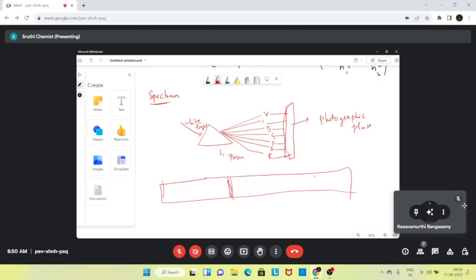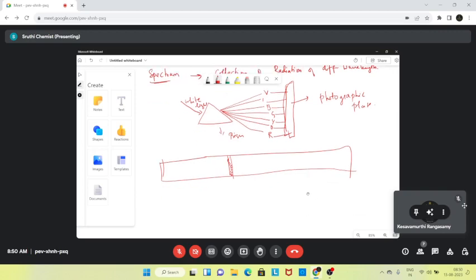Spectrum means a collection of radiation of different wavelengths. A very small region is the visible spectrum. When white light falls into the prism, it will split into 7 colors.